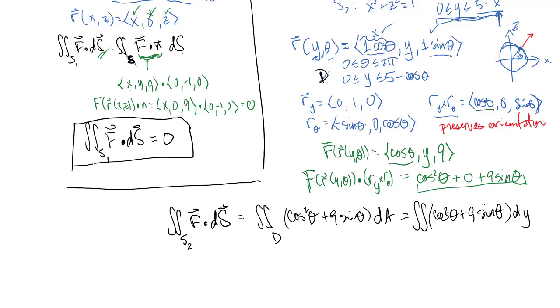I would put the y in first because y is dependent on theta. So this is going to go from 0 to 5 minus cosine theta, and then d theta, which is going to go from 0 to 2 pi. All right, so let's put that into our Wolfram or symbolab and then get our answer.